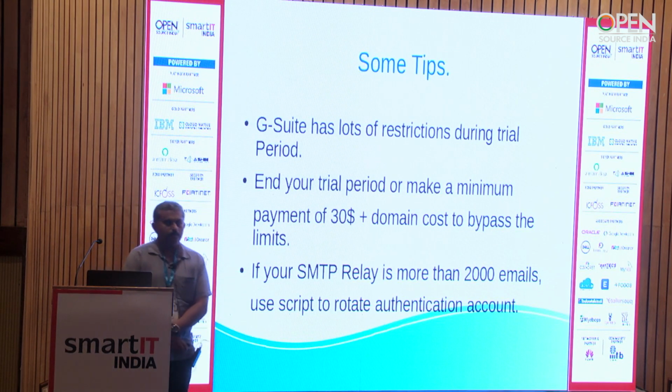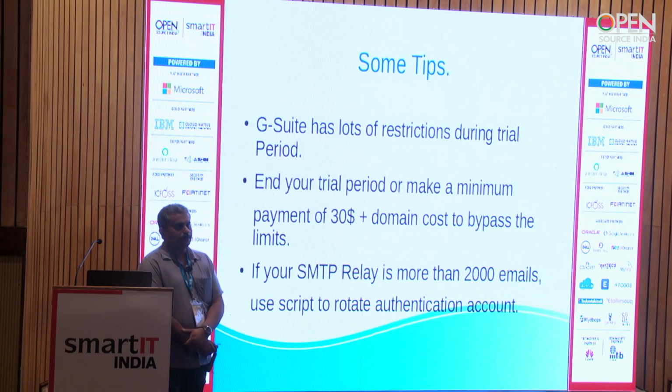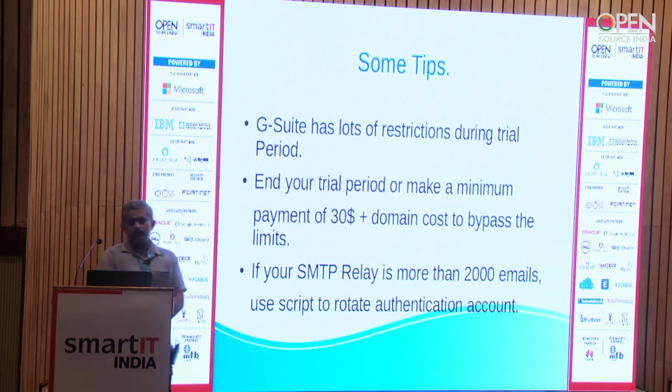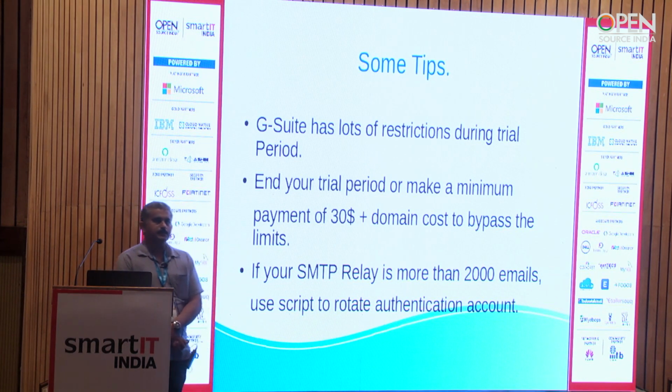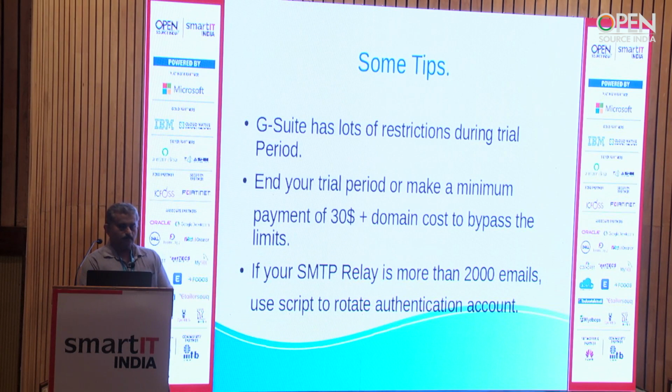While doing this split delivery, you should not use the trial period. What happens in the trial period is that you have a lot of restrictions on sending and receiving in G Suite. So, what we need to do is either upgrade it with a payment, or you just need to pay $30. That is what G Suite recommends.